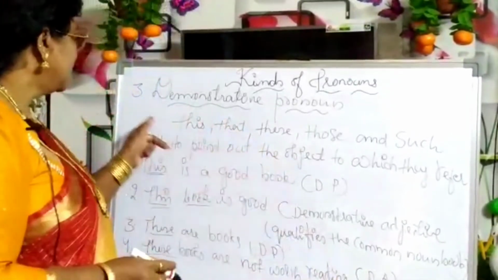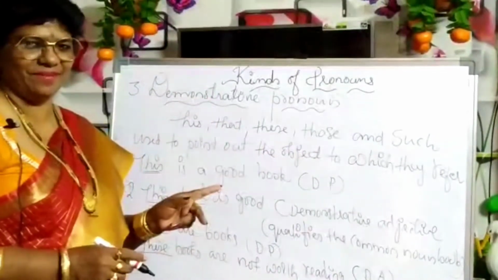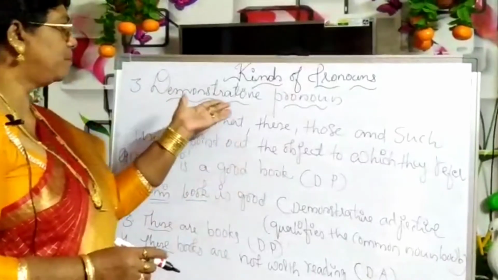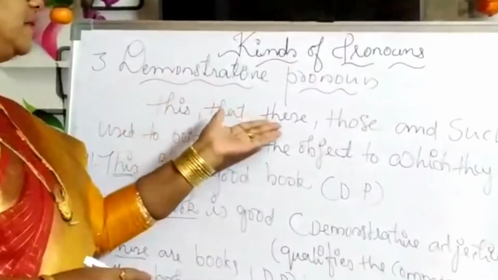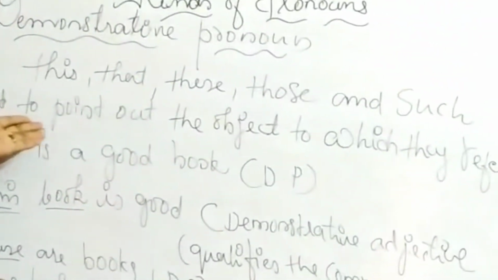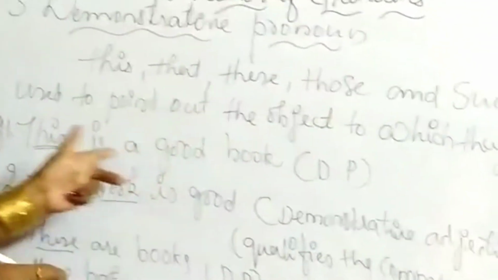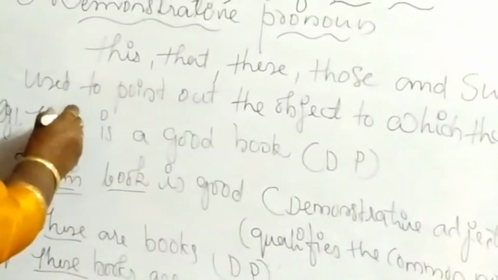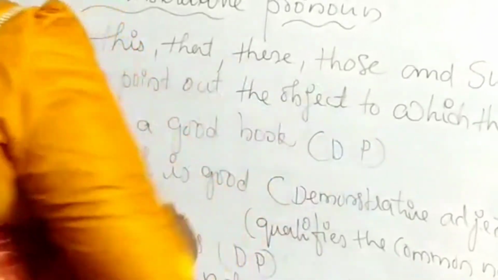Let us start the third category of pronouns, the demonstrative pronoun. What is a demonstrative pronoun? Here we use this, that, these, those and such. They are used to point out the object to which they refer. See the example: this is a good book. This is a demonstrative pronoun.